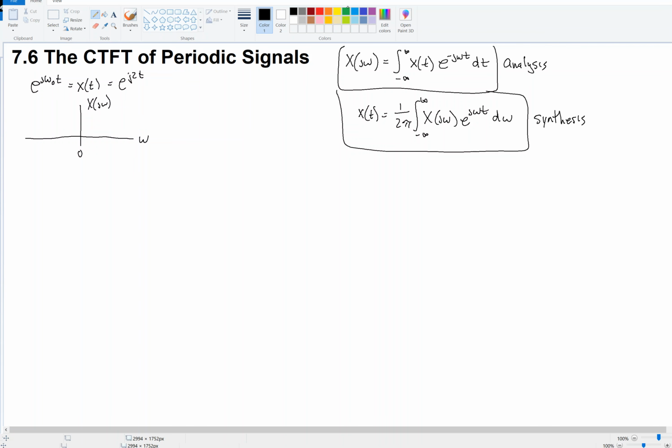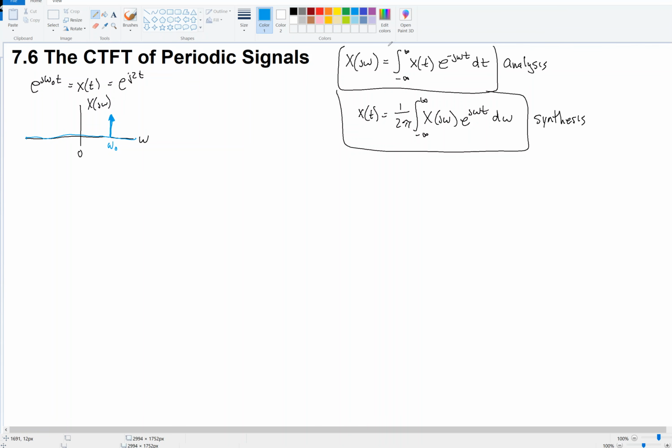Well, why would I expect any energy other than at 2? So I would expect some sort of impulse, some sort of thin plot of energy right there at whatever frequency that is, and 0 everywhere else, because it has no frequency anywhere else other than omega 0, right?